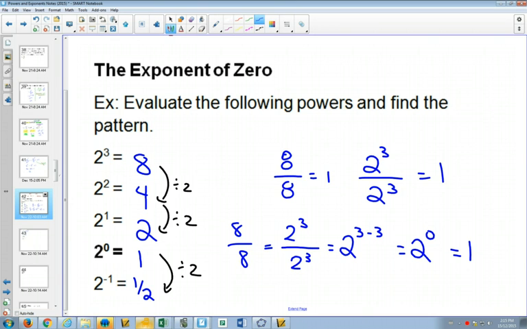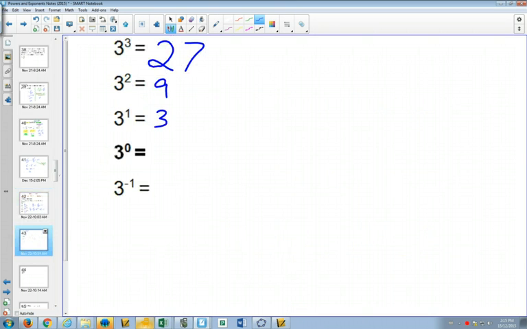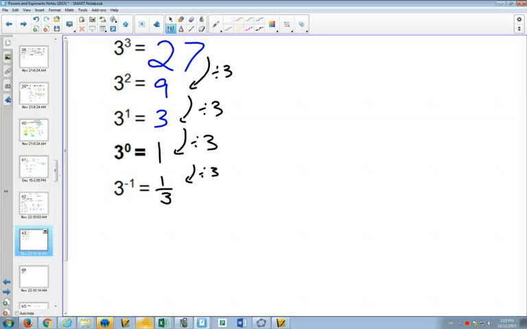Okay? Now if we look at powers of 3, what's the pattern here? Divide by 3. If you divide by 3 again, you get 1. You divide by 3 again, you get 1/3. So what does the zero exponent law say?